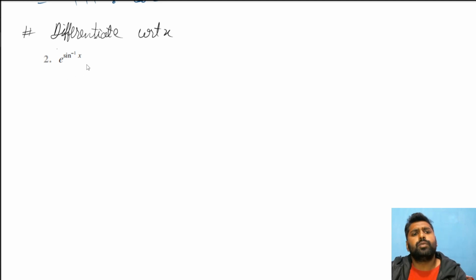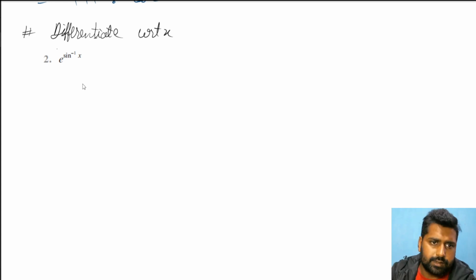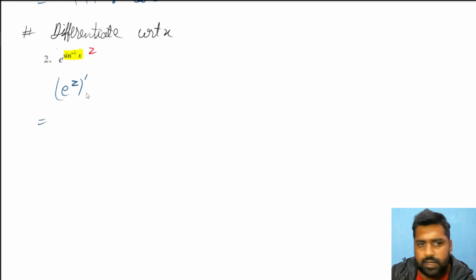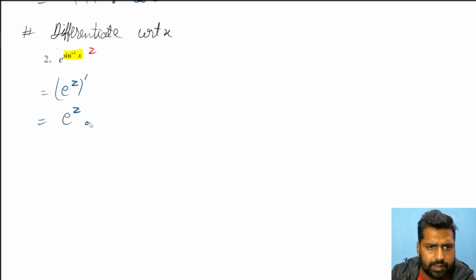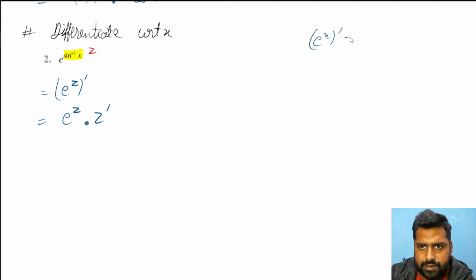So e raised to power sine inverse x. The first function comes is e. Leave it. Whatever is present, consider that to be your z. So we have to differentiate e raised to power z. What is the differentiation of e raised to power x? It is e raised to power x. Differentiation of e raised to power z will be e raised to power z, and additionally, you'll have z dash. Remember that differentiation of e raised to power x is e raised to power x, same. So e raised to power z differentiation is also e raised to power z, but additionally z dash.